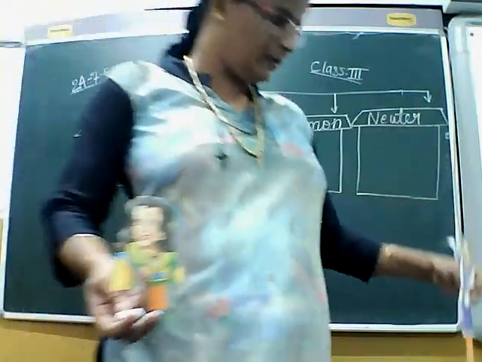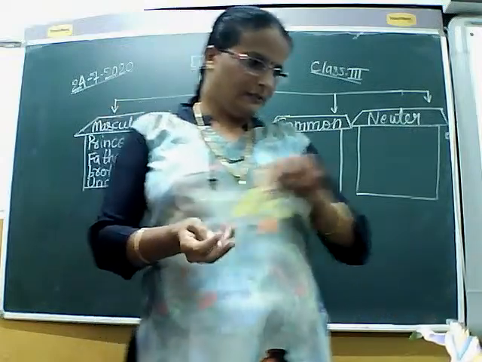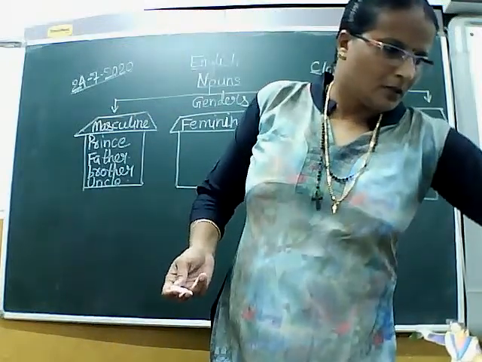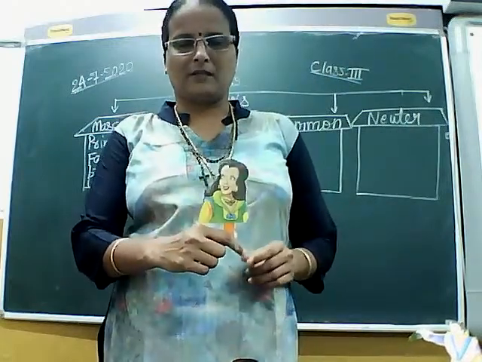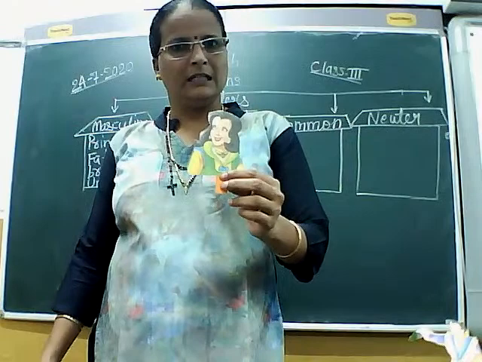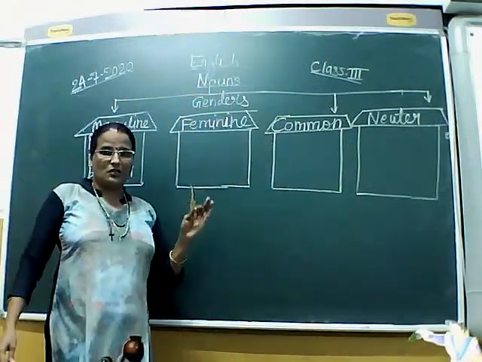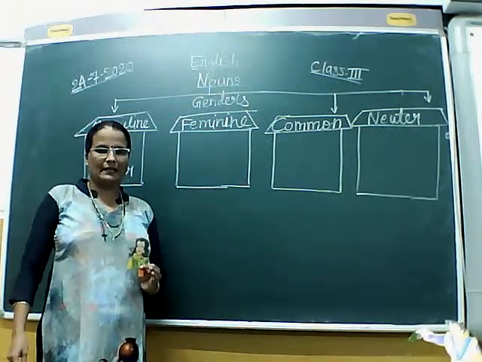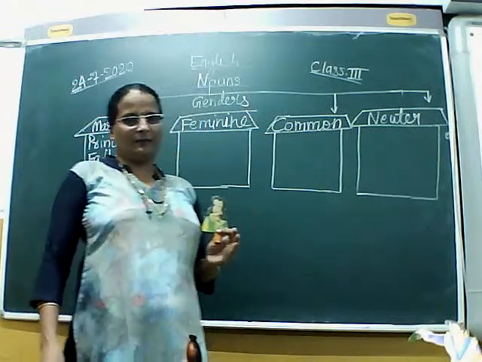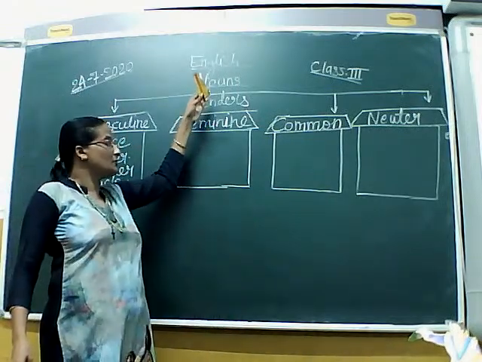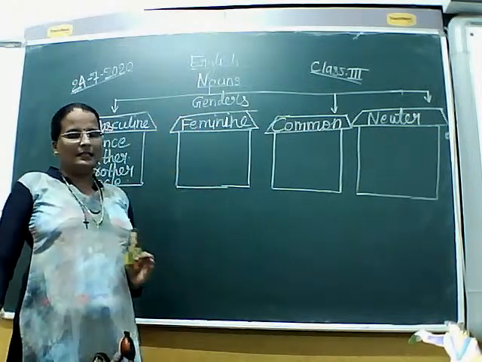Okay, it can be a woman also. You can write woman, you can write lady. Okay. So now you know this picture belongs to the feminine category, right? So the nouns which refer to female category are feminine genders. Okay, the nouns that refer to female category are called feminine genders.